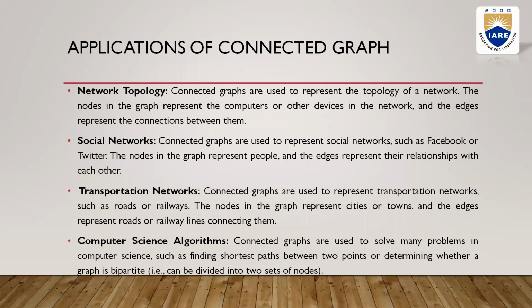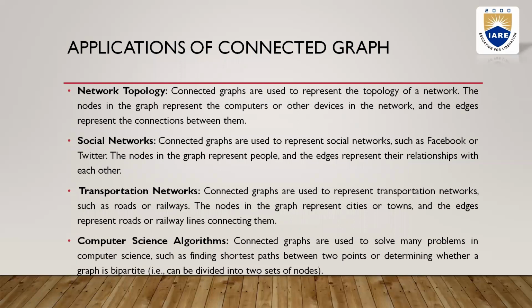Now we'll see the applications of connected graph. We have four applications: network topology, social network, transportation networks, and computer science algorithms. First, network topology. Connected graphs are used to represent the topology of the network.